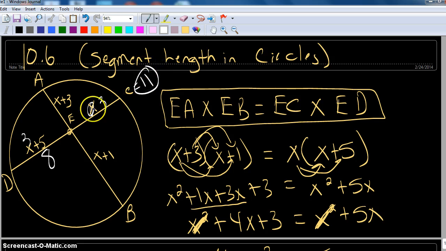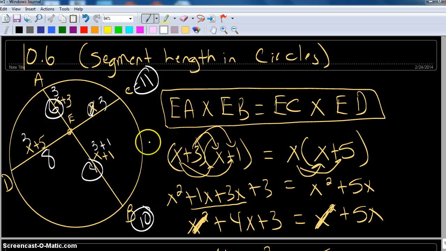Over here, let's make sure. X is 3. 3 plus 3 is 6, so this is 6. And this is 3 plus 1 is 4. And 6 plus 4 is 10. So then AB would be 10.